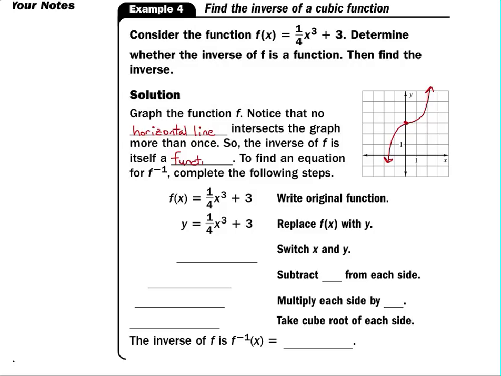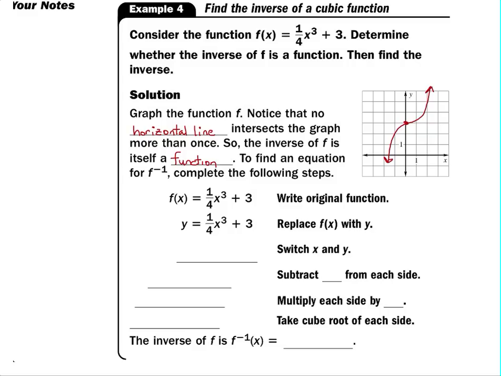Now this topic goes back to what was going on in that chart that I kind of talked badly about on the prior page, because if the original function passes the horizontal line test, then the inverse is a function.